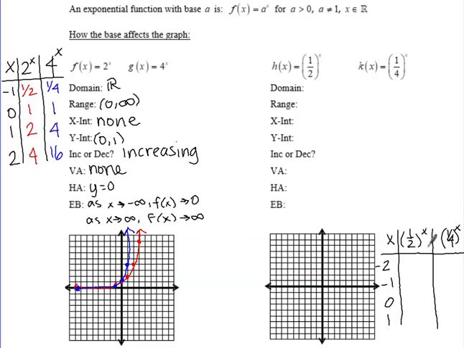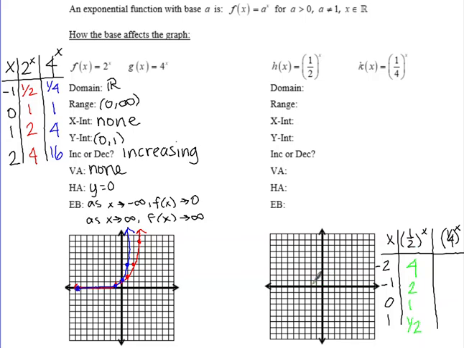If I look at y equals 1/2 to the x, 1/2 to the -2 power is 4, 1/2 to the -1 power is 2, 1/2 to the 0 is 1, and 1/2 to the 1 is 1/2.